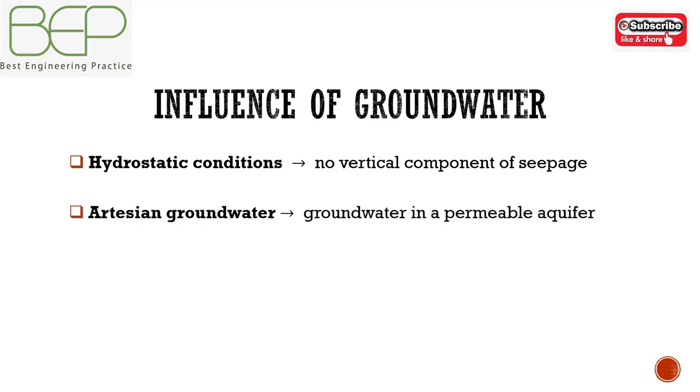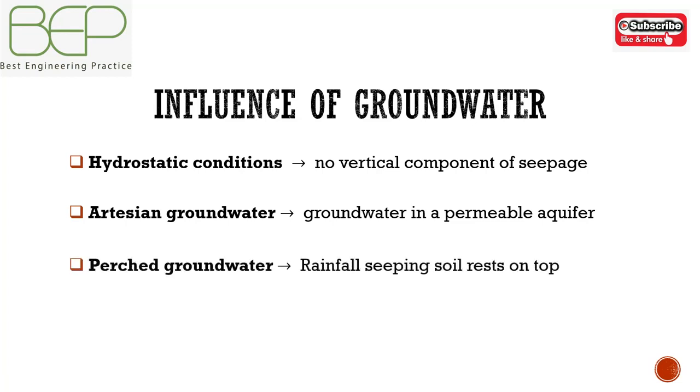Groundwater in a permeable aquifer confined below a relatively impermeable material such as clay exists at a pressure higher than that due to its distance below the top of the aquifer. When a hole is drilled into the aquifer, groundwater rises up the borehole through the relatively impermeable material and may rise above ground level.